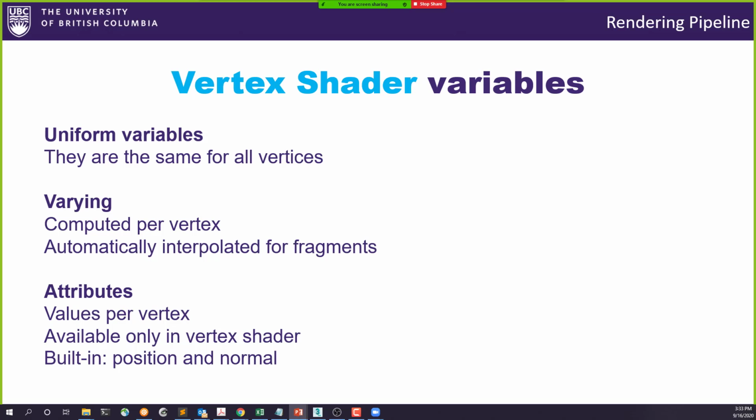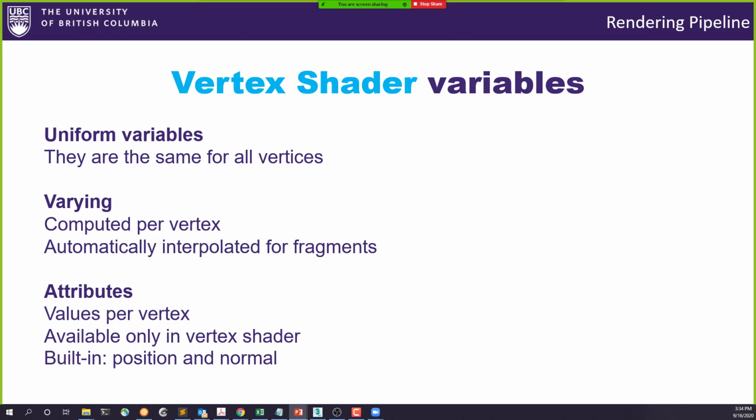Uniform variables are like global variables that you send to the vertex shader, and they are exactly the same for all vertices. Remember, the vertex shader runs one time per vertex, right? In this case, the uniform variable that I was using in the previous example was this inflate scale, right?